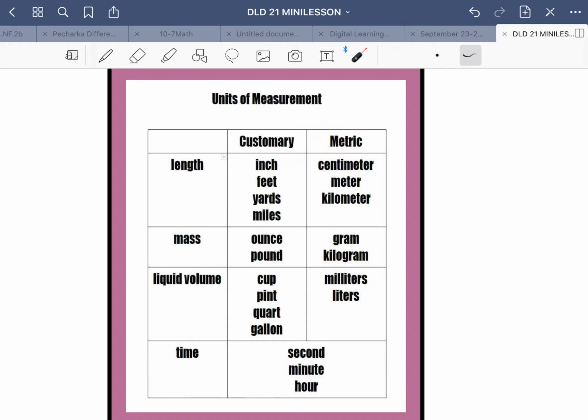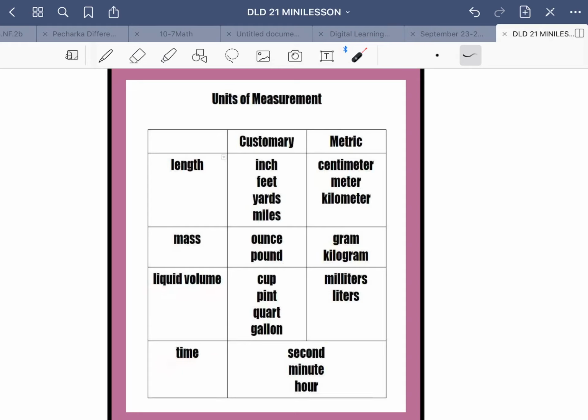In the United States, we use both of these systems, so it's important for you as a fourth grader to know which one we want to use. Keep in mind that the rest of the world uses the metric system, but you also need to learn the customary system. The different ways we measure are by measuring length, mass, liquid volume, and time.